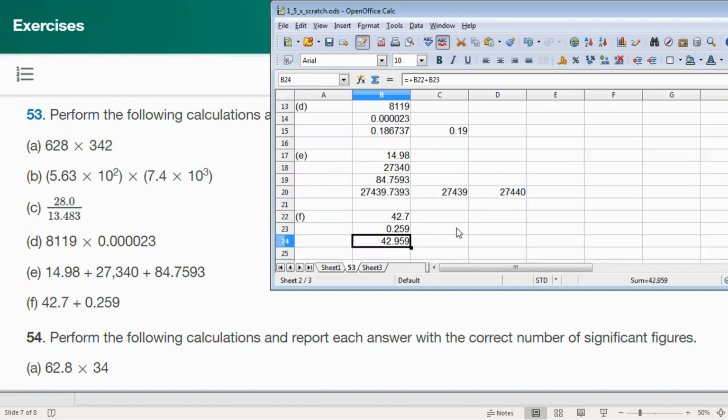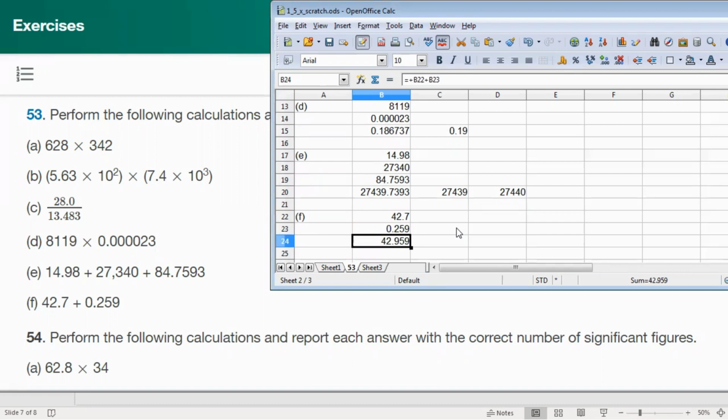With the spreadsheet, it's 42.959. So we take the result according to the rules.